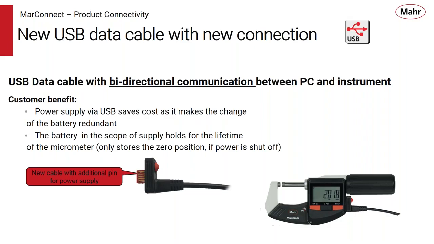So there's no more battery changing required for these micrometers when they're plugged in, because they're getting their power from the computer itself. So the battery there is only to store the zero position, which is very low power, and that battery will last for multiple years now if it was always plugged into a USB device.